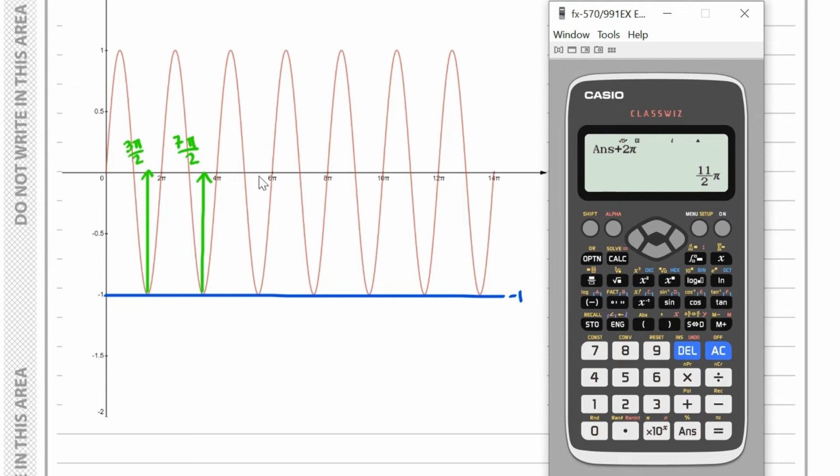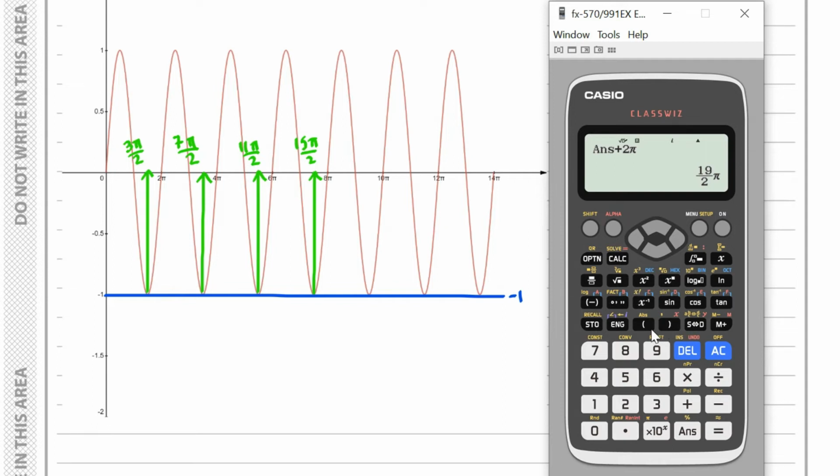Here we've got 11 pi over 2. Next one, add on 2 pi, we've got 15 pi over 2. Next one, add on 2 pi, we get 19 pi over 2.